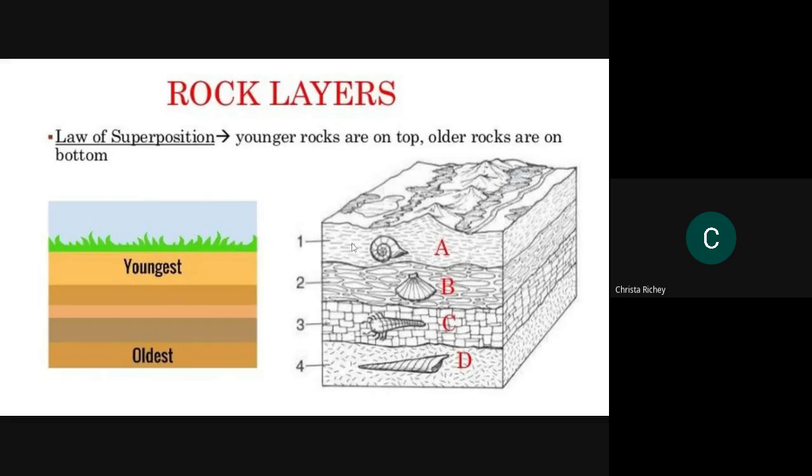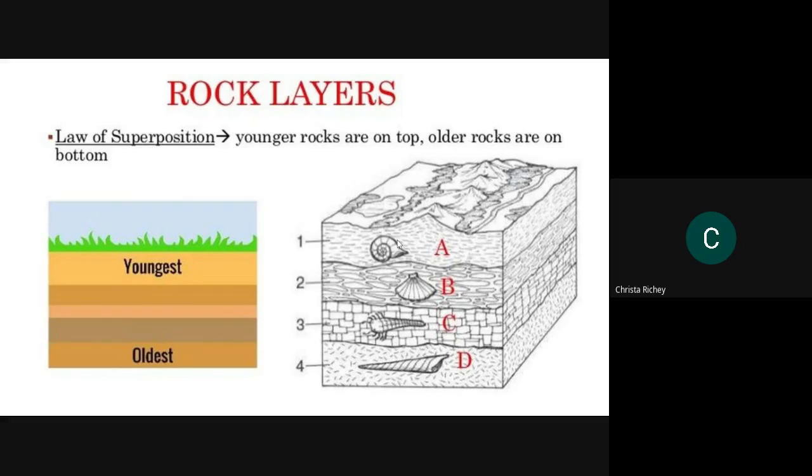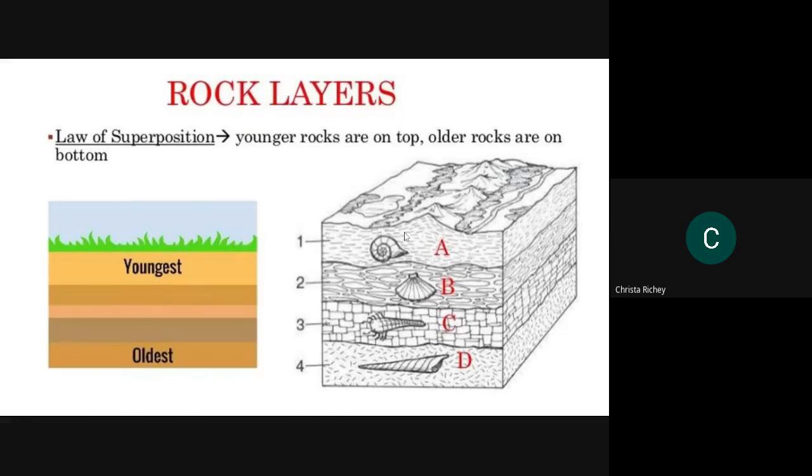Now, we will tomorrow start talking about index fossils. The ammonites are really, really common. And then you've got your brachiopods. I have to remember all my scientific terms. There are certain index fossils that were very prevalent in certain geological times. The oldest of them all are the trilobites.